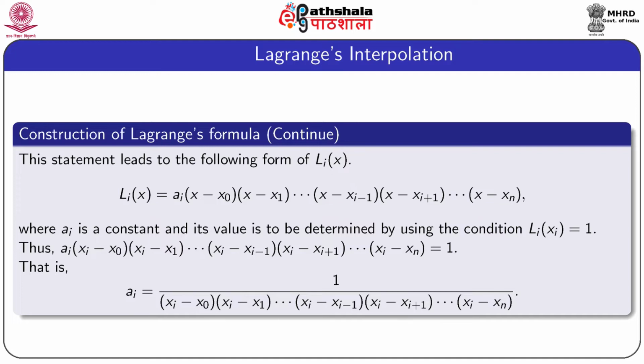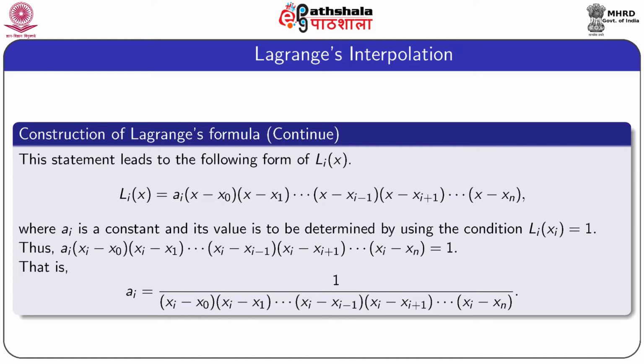Here all the factors are present in this expression except the x minus x_i factor, and here a_i is a constant and the value of a_i is to be determined by using the condition L_i(x_i) equal to 1, that was shown in the previous slide.